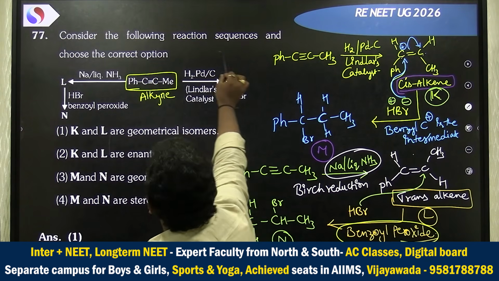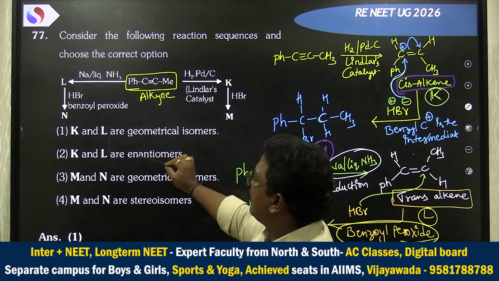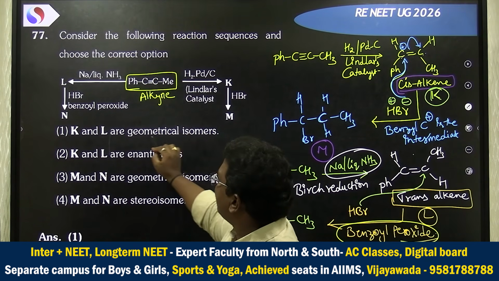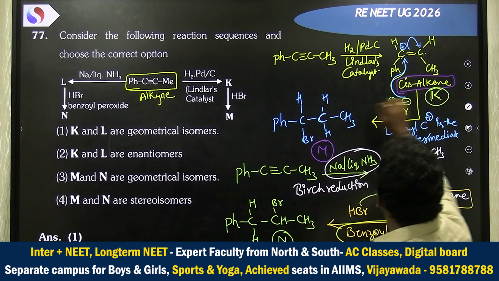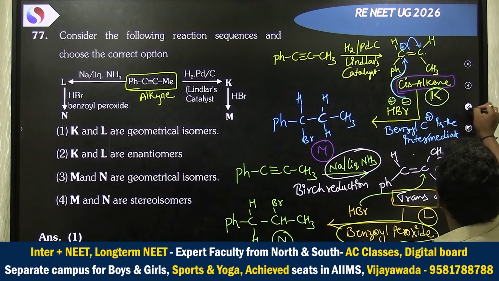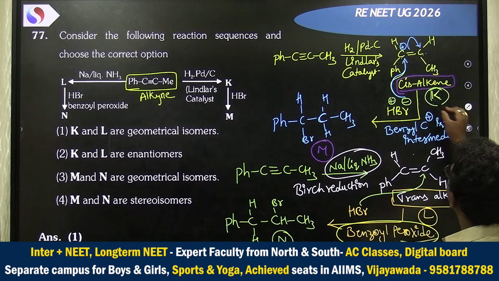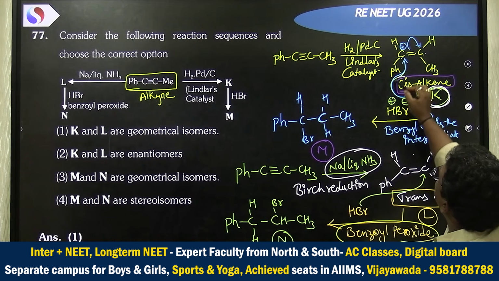Consider the following reaction sequence, and he is asking whether K and L are geometrical isomers. Where is the K here? If you take K here, this is the K, right? K is nothing but cis alkene.